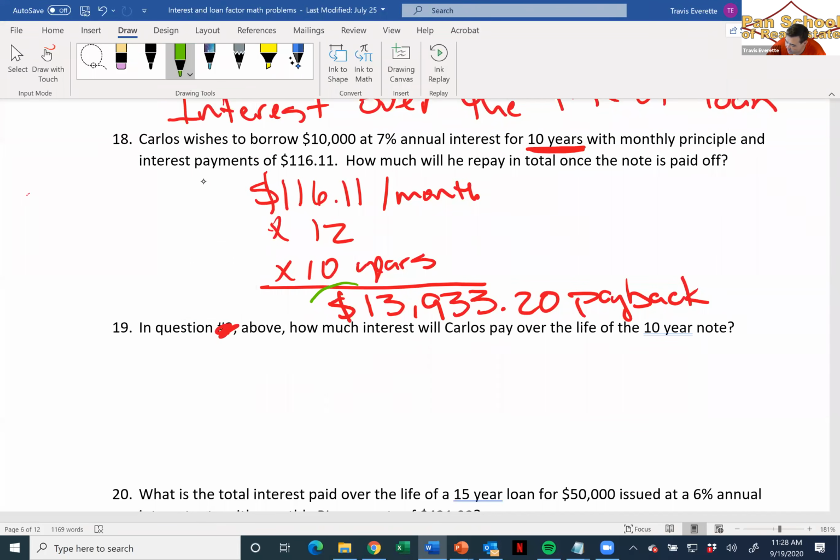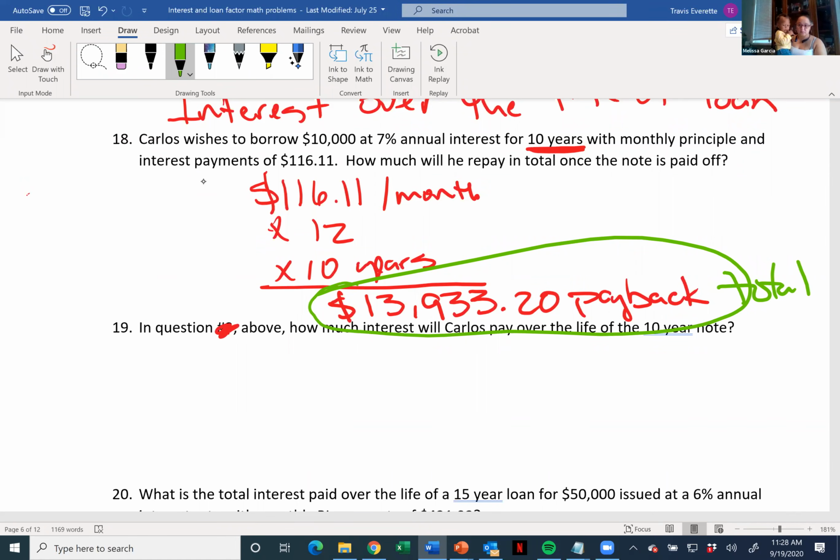This is the total payback. How much of that was not Carlos's money, though? How much of that was the loan? 7% is an interest rate. How much did he borrow? Oh, 10,000. He borrowed $10,000.